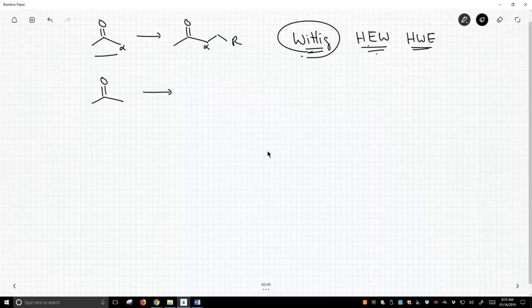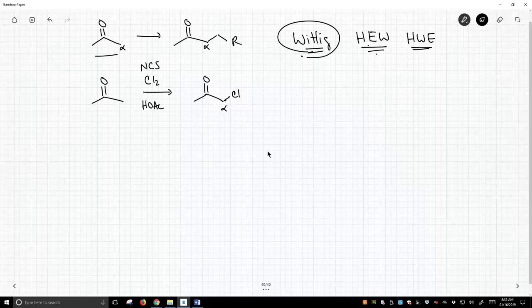and we treat this with a halogenation source like Cl2, or I think we've talked about NCS, and some acid like acetic acid, we can halogenate at the alpha position.